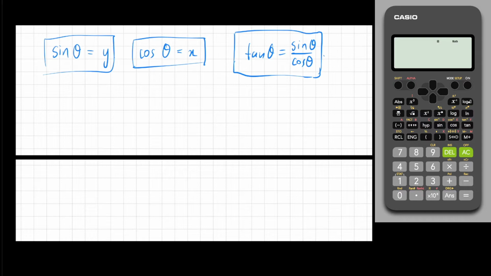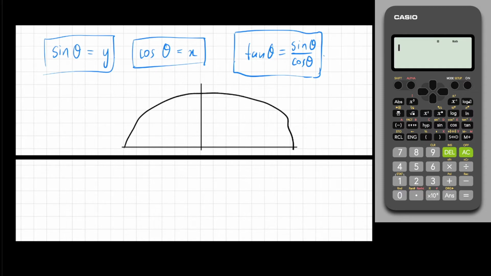So what I'm going to do is take just the top half of my unit circle. Okay? So let's go. That's not a circle. Really bad shape. Oh, that's even worse.